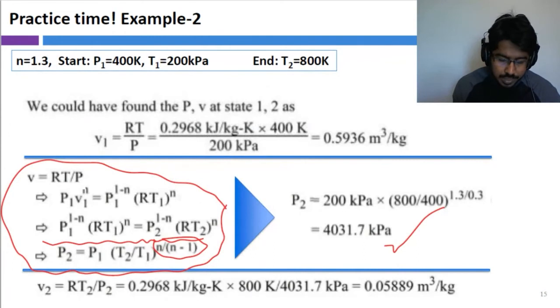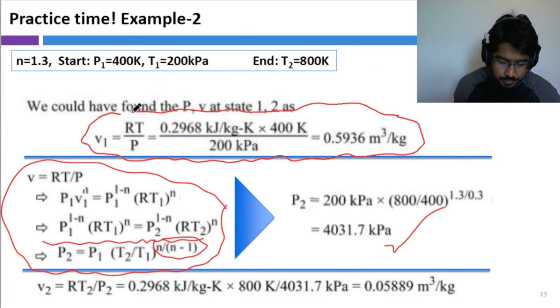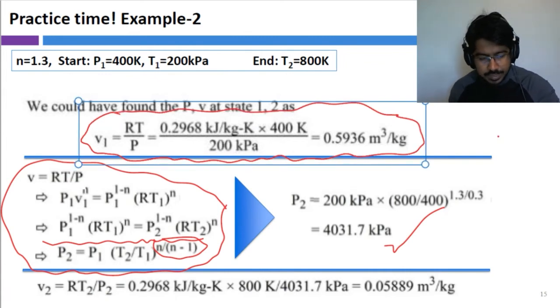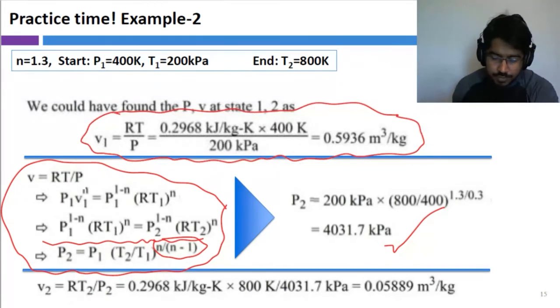So to find V1, we can use the ideal gas equation, right? Because pressure and temperature are given, and therefore we can identify V1. That is straightforward.